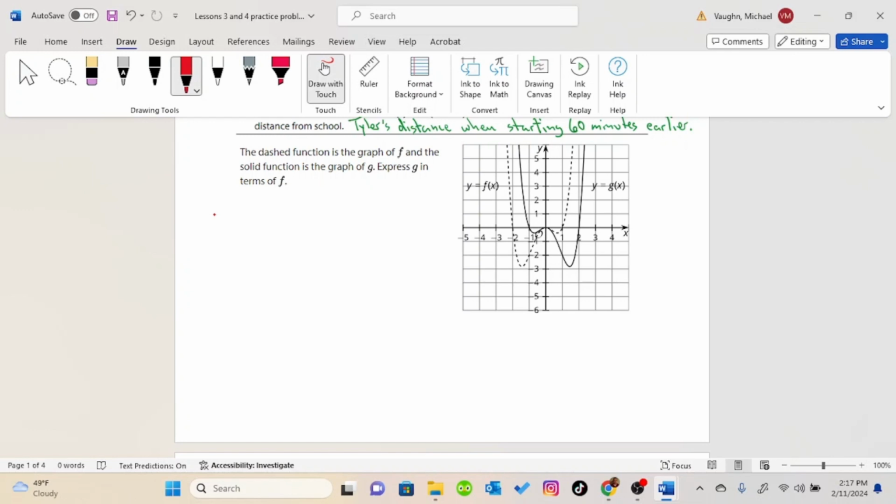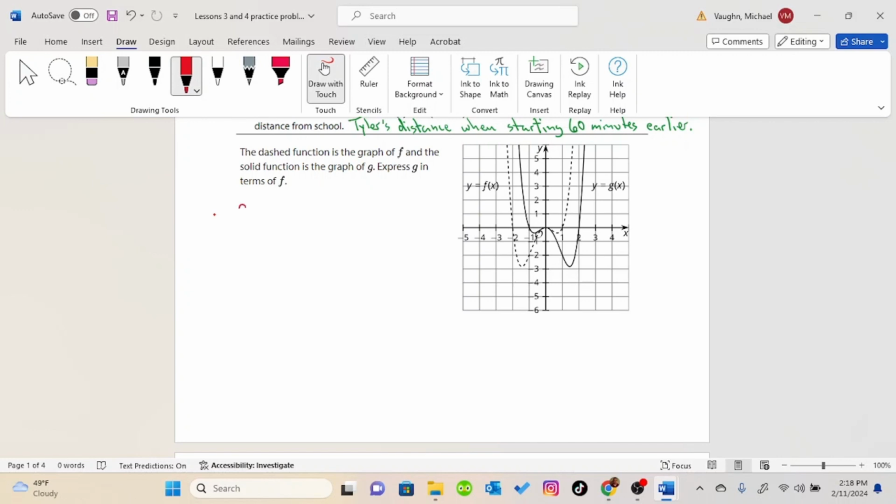So what I want is the opposite of my x-coordinates. And if you think about how we would symbolize opposite, we symbolize that with a negative.